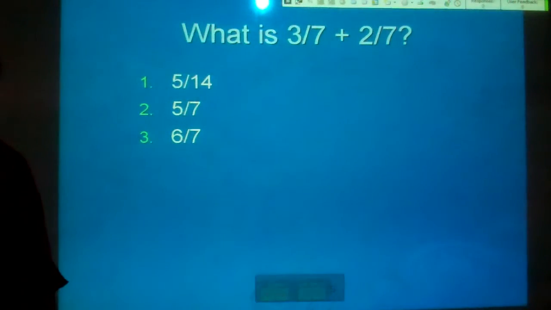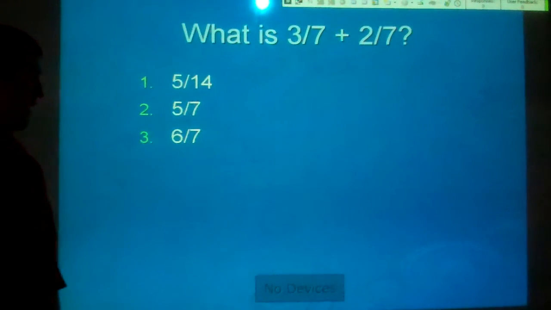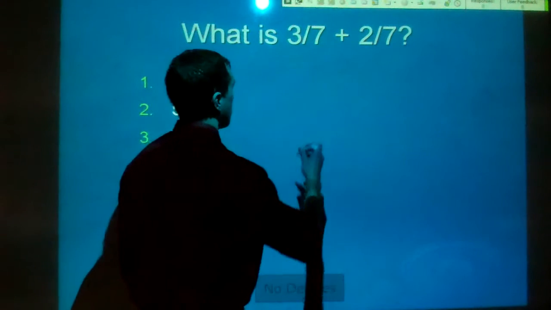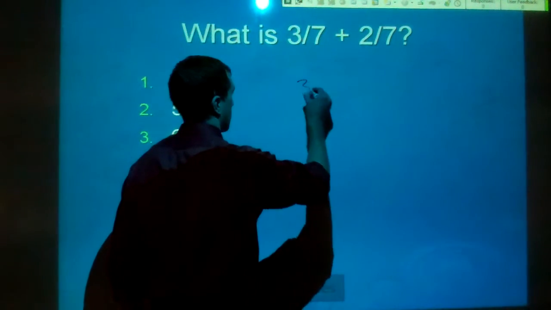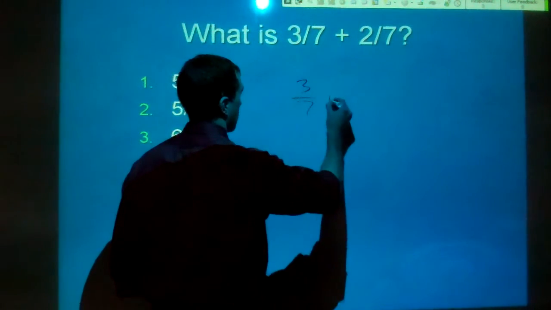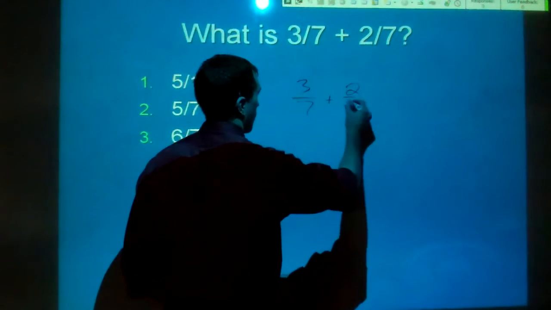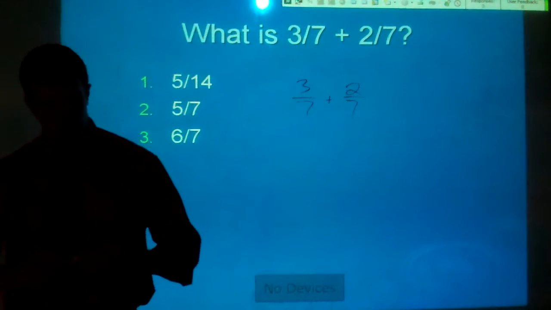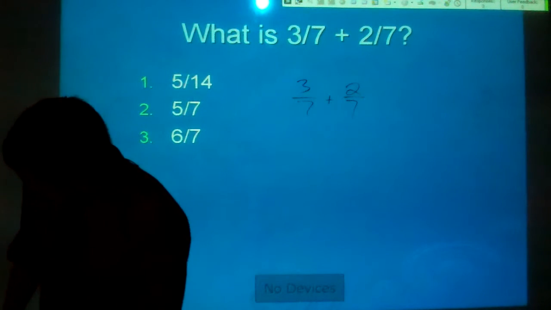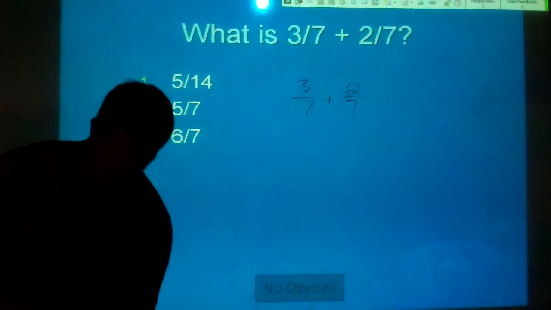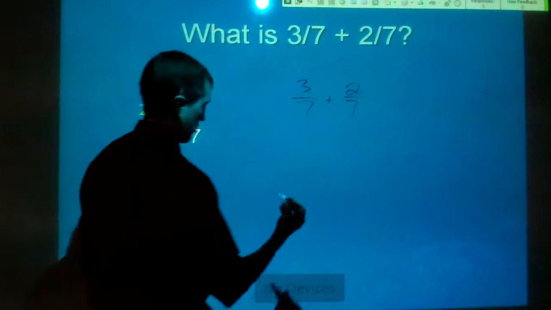Alright. So this was the first example I had the students click in. We kept it pretty basic. The denominators are the same. What is 3/7 plus 2/7? I'm going to grab a new marker. This one's not the best here. So 3/7 plus 2/7.